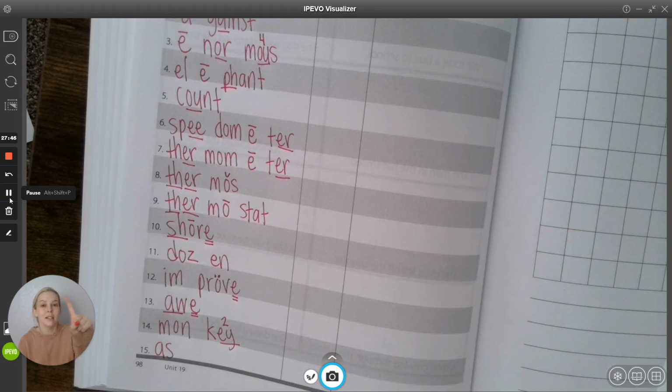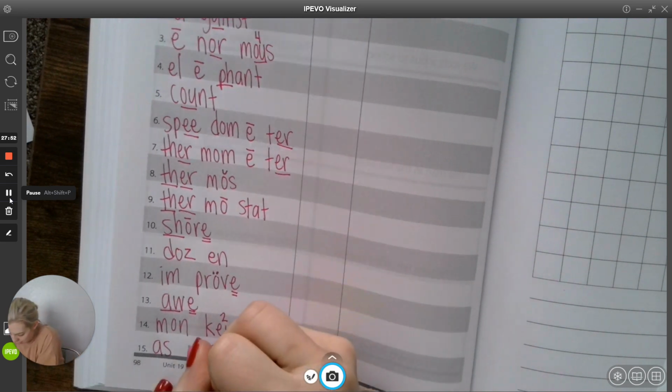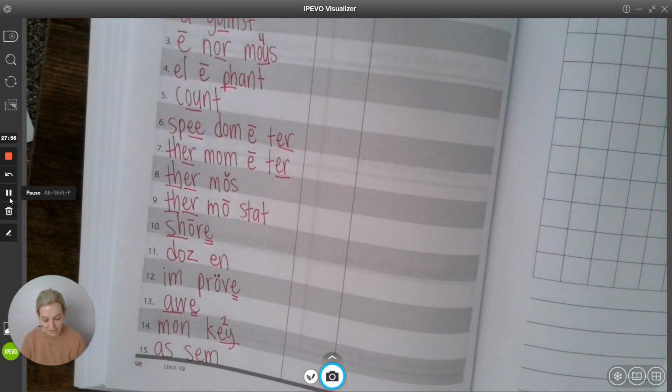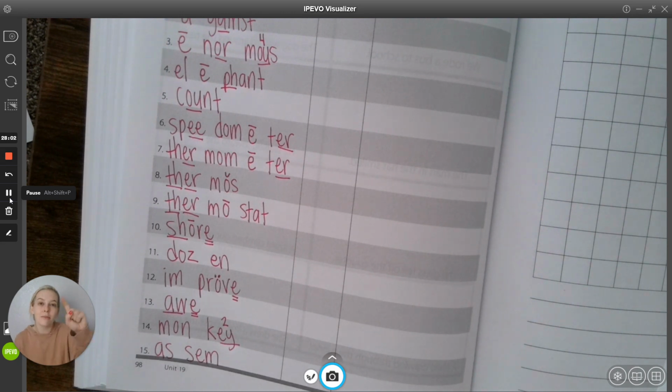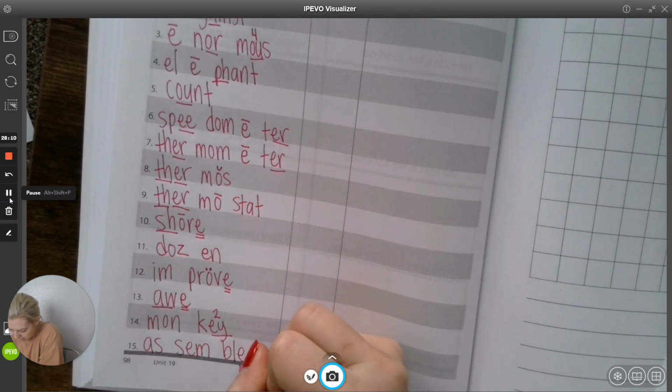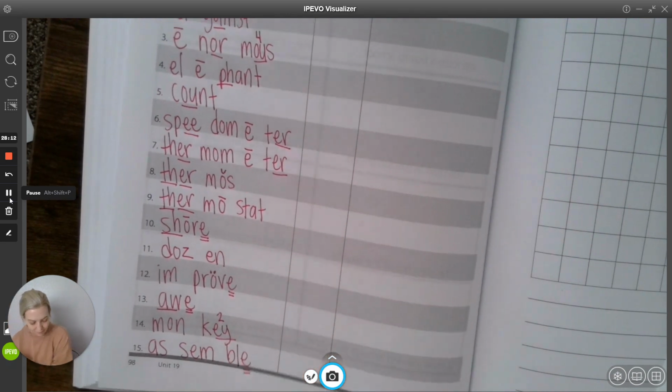Finger spell. Last syllable is bull. Sound it out. B-ol. Finger spell. Silent final E. Double underline silent final E.